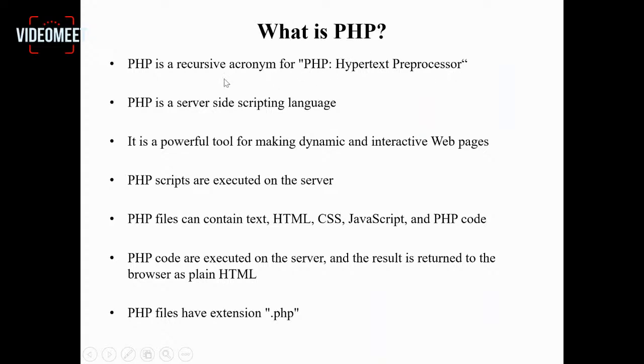Such an acronym, which has the same acronym in itself again as its abbreviation, is called a recursive acronym. So PHP is called a recursive acronym because the first letter P again stands for the actual acronym PHP. That is the reason why we call this a recursive acronym. And the abbreviation of PHP means PHP Hypertext Preprocessor, or simply you can also say Hypertext Preprocessor.